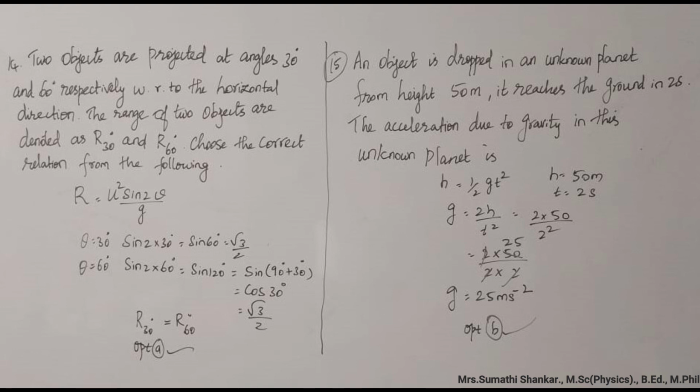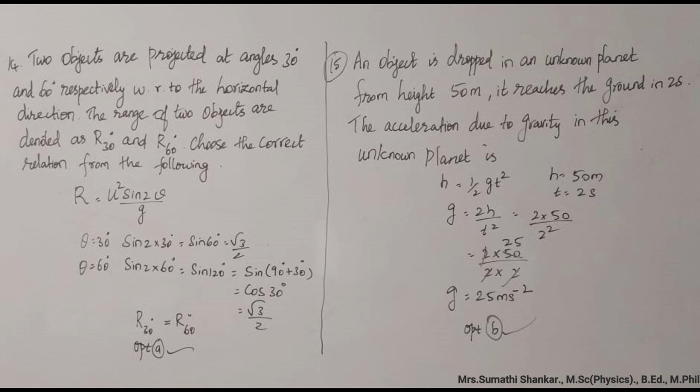Question number 15. An object is dropped on an unknown planet from a height of 50 meter. It reaches the ground in 2 seconds. The acceleration due to gravity on this unknown planet is? What is given? h is equal to 50 meter, t is equal to 2 seconds. The formula is h is equal to half gt square.